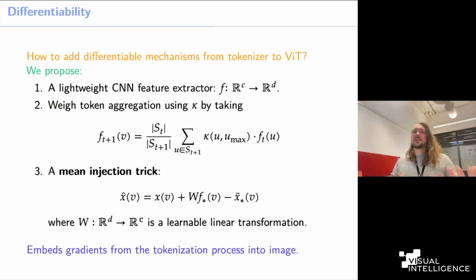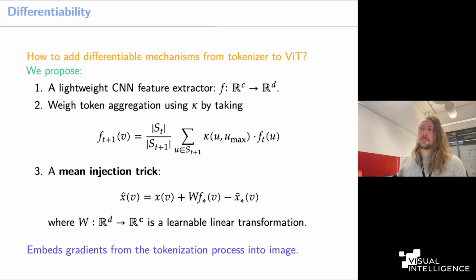So the question then is, how can we add these differentiable mechanisms from this tokenizer into the ViT features themselves? What we propose is this lightweight CNN feature extractor, which is typically 2 or 3 layers deep, very small, but has the same resolution as the input. So it's almost like a small half UNet. And then we weigh the token aggregation that we did in the original paper.